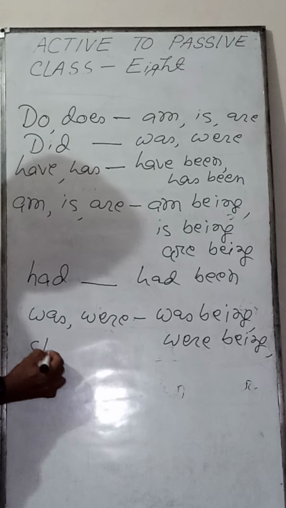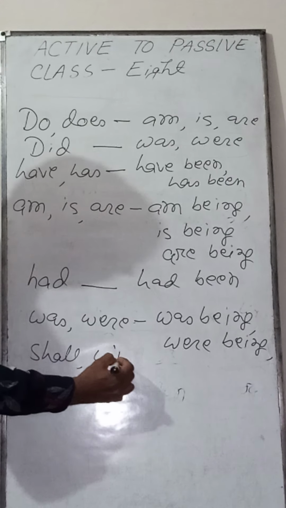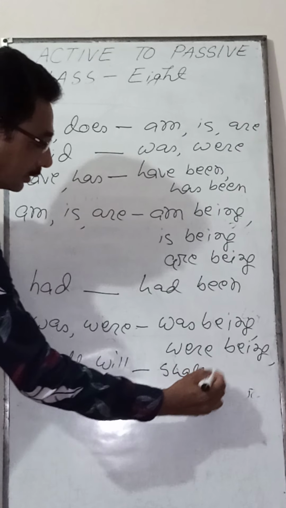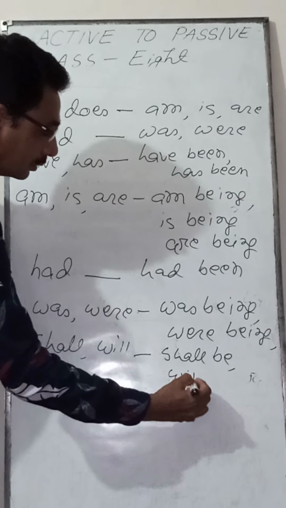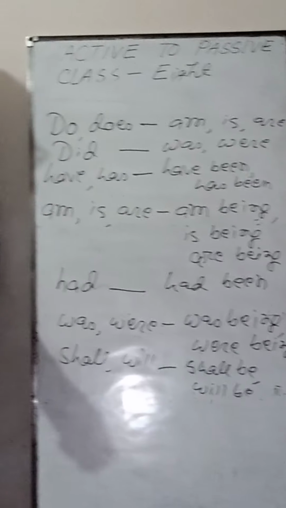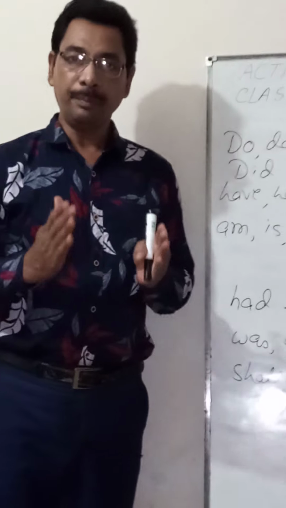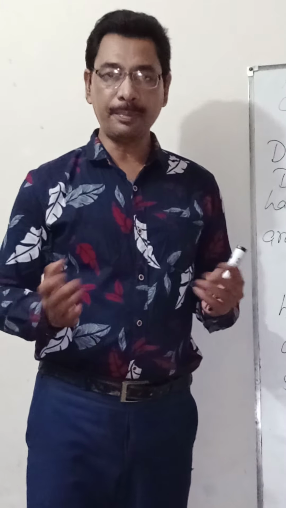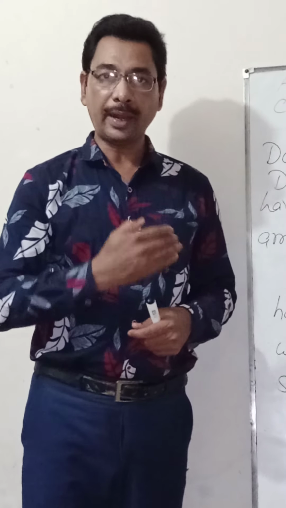And if you find shall or will, you have to write shall be or will be. And if you find verbs like can, could, may, might, should, must, you have to add only be. If you find can, you have to write can be.